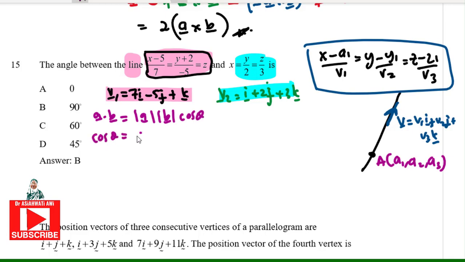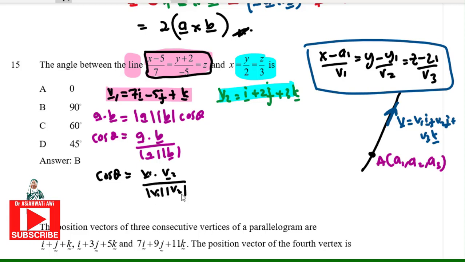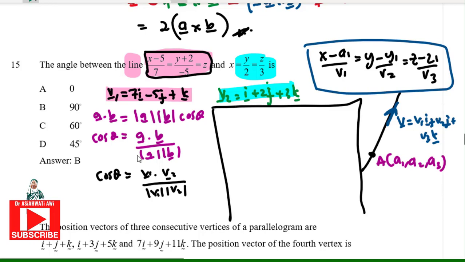So cos theta is equal to v1 dot v2 over modulus v1 modulus v2.